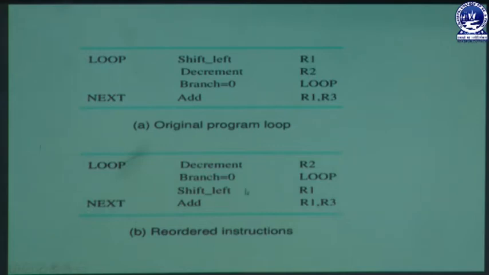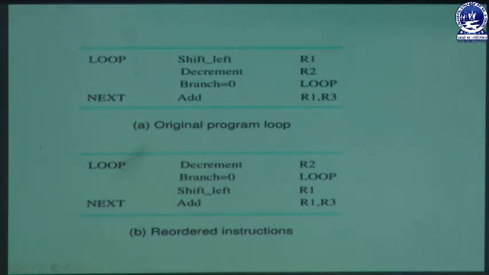That means this instruction is not included, or does not depend on the condition of the branch. Whether the branch condition is true or false, these statements will be executed. But this instruction will be executed after the branch is false and it comes out from the loop.